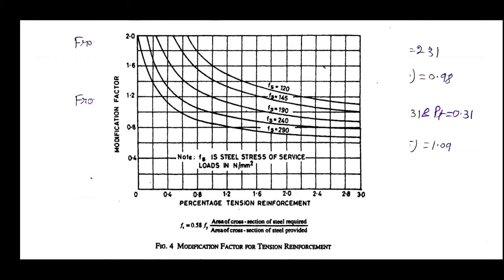For 190 the modification factor is approximately 1.12, and for Fs equal to 240 it is approximately 0.95. From this we calculate the modification factor.